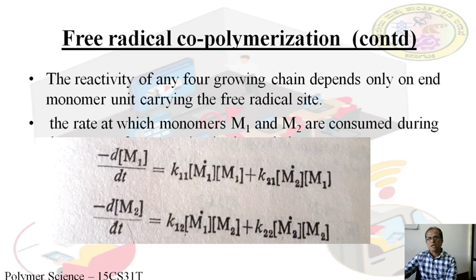This is the rate equation of M1 and M2 monomers when they are consumed during the propagation step.